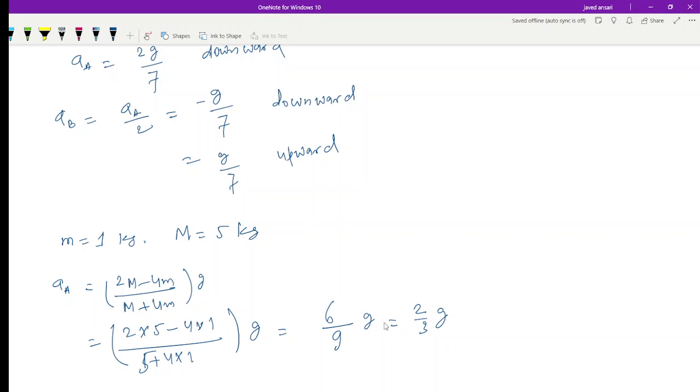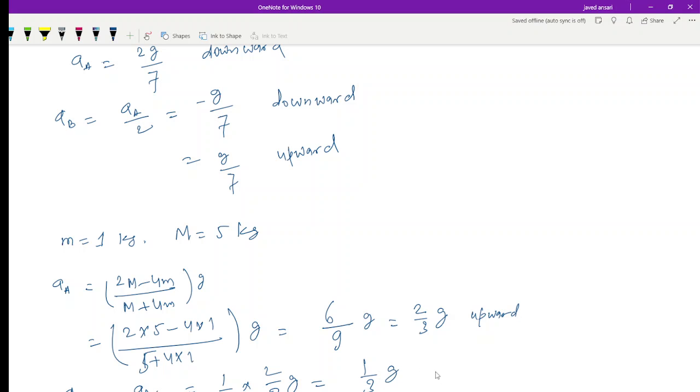Now this time it is coming positive, right? It means our assumption was correct. So this is upward, right? And then a of B is a by 2, which will become 1 by 2 times 2 by 3 g, which is nothing but 1 by 3 g.